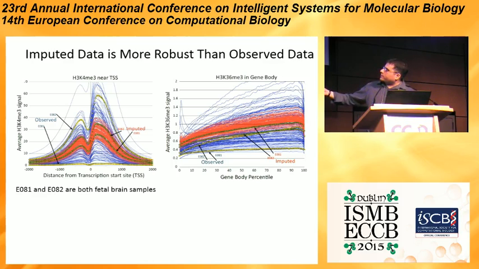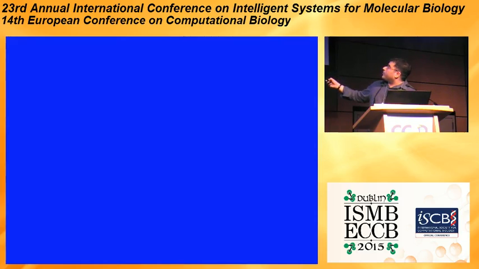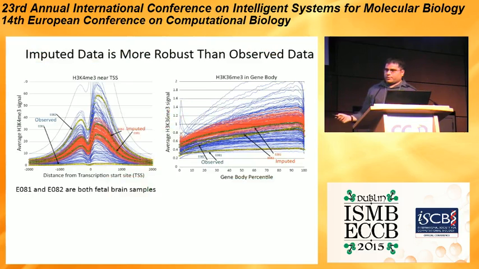In some cases, what I'm highlighting here, E082 and E081, were actually two different fetal brain samples mapped by different production groups. So this large variance can't just be explained at the level of the biology of the cell type; it's likely due to various other confounders, but they have a much more consistent profile with imputed data. And this is a similar type of plot for H3K36me3, which is associated with gene bodies and transcription. The red, again, is the imputed data. The blue is observed data.